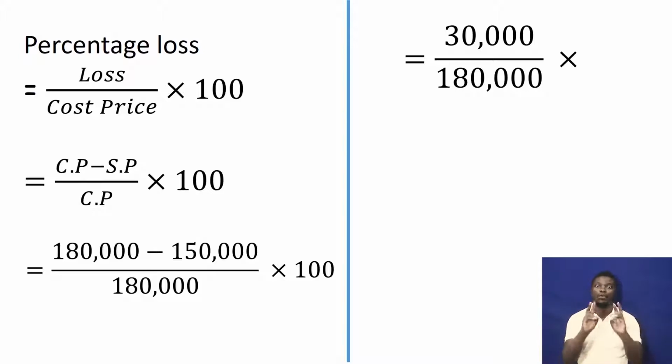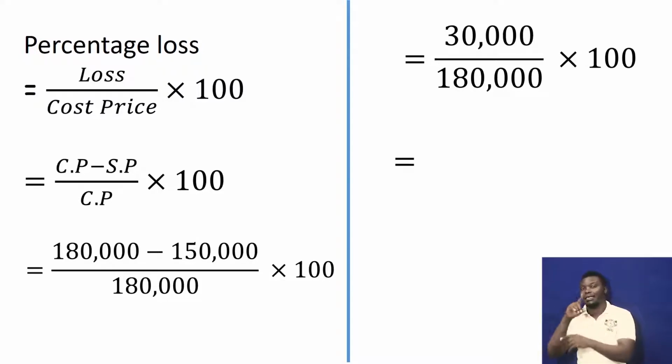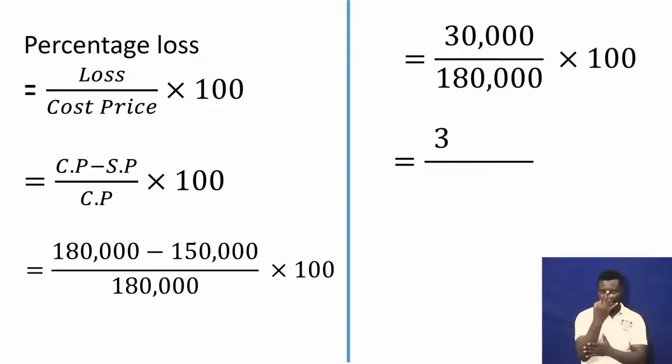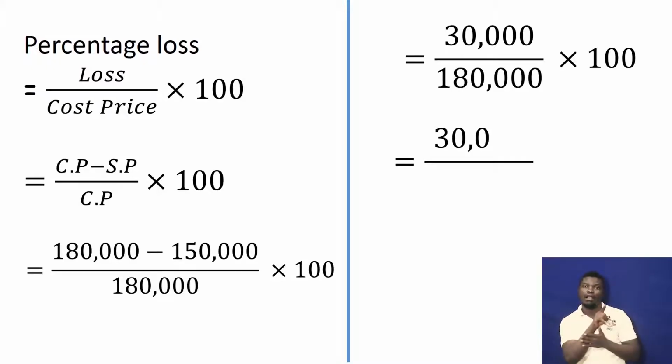This is going to give us 30,000 divided by 180,000 multiplied by 100. Now, 30,000 and 180,000 are both multiples of 10,000. So we are going to divide by 10,000 in the numerator and 10,000 in the denominator.